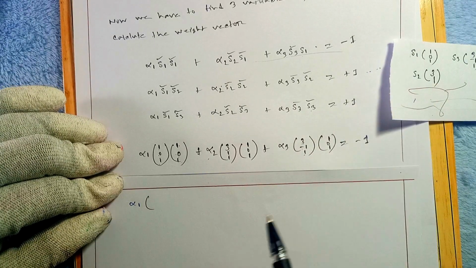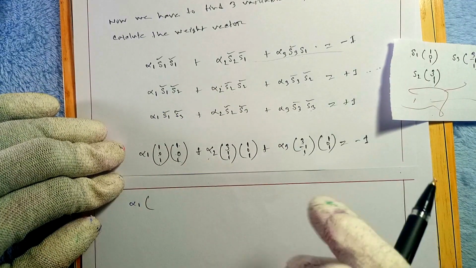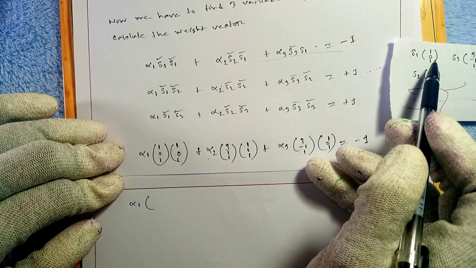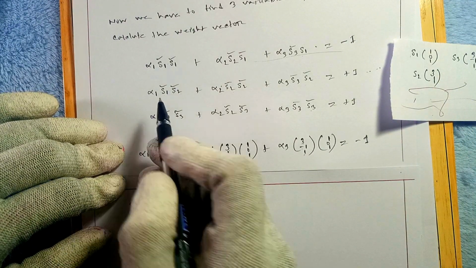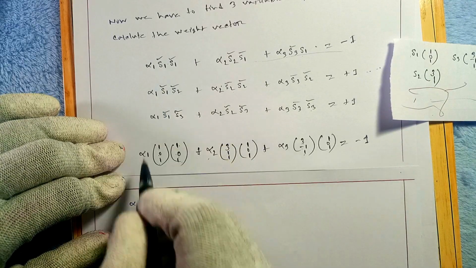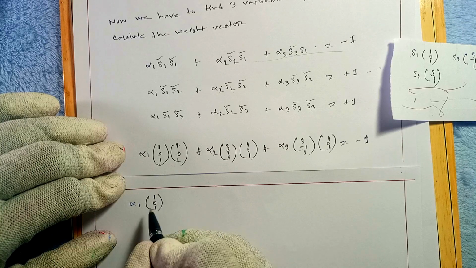So in the same way we can find for this row. We know the value for alpha 1: s1 is this, s2 is this, and s3 is this. So for s1 the value is 1 0 1.